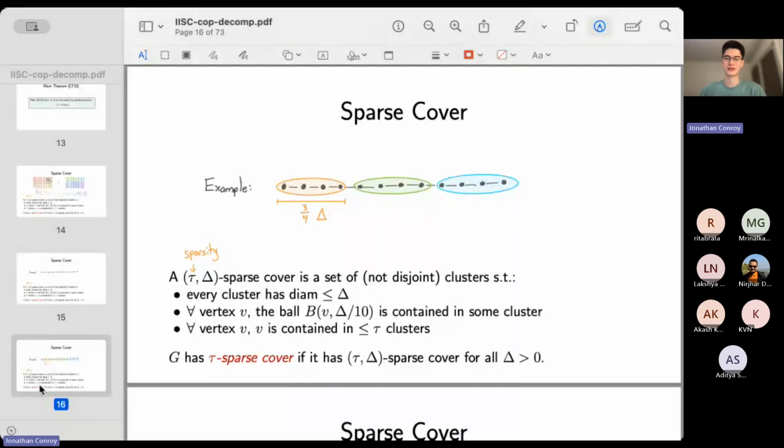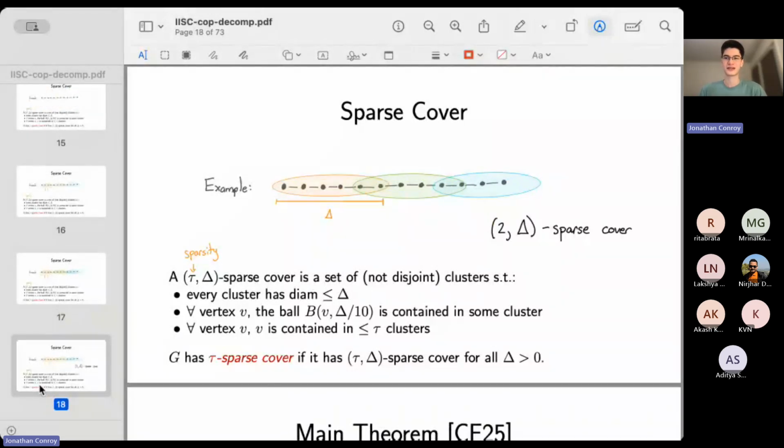So this preserves most of the balls of diameter delta divided by 10, except for the gaps between these clusters, and so then we can just expand all of the clusters, and we get a sparse cover with overlap where every vertex is contained in at most 2 clusters, let's say. Okay, good.